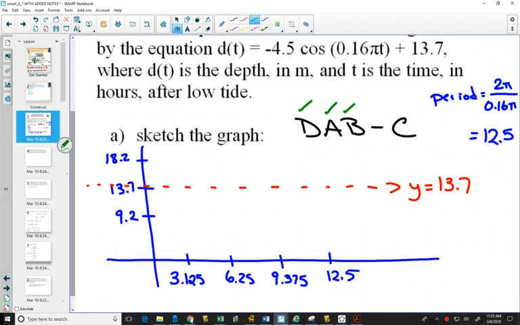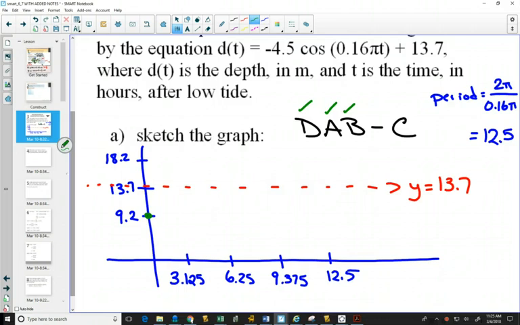The next part is the dash. Even though you don't say it when you say DABC, you have to do something with the dash. That means you temporarily draw it without any translation. So this one is a negative cos graph. Where does a negative cos graph start? A negative cos graph starts at a minimum. And then you just alternate in each of your sections.